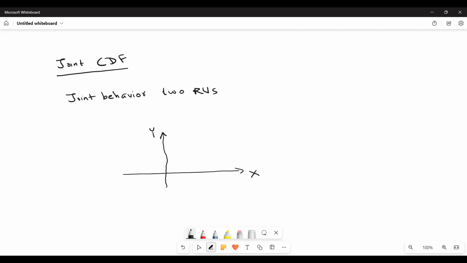Once both of these two random variables are considered, we can draw, let's say, this function where the y value is within a certain range and the x value is within a certain range. Let's say x is up to 1, y is up to 1, and minus values of y and minus values of x are also taken into consideration. So x ranges from minus infinity to 1, and y ranges from minus infinity to plus 1.